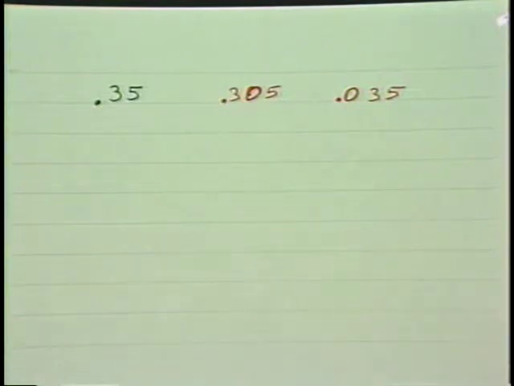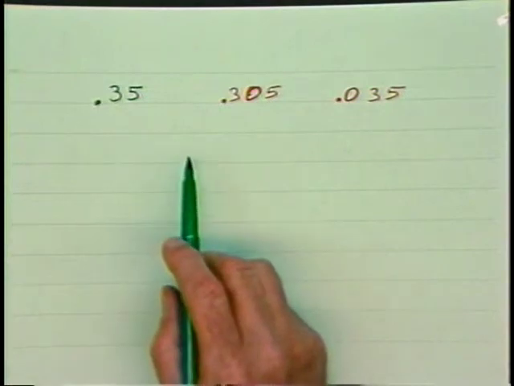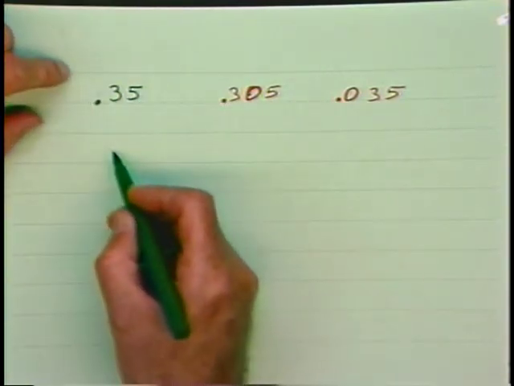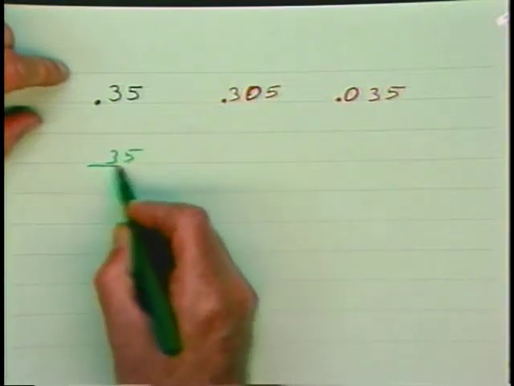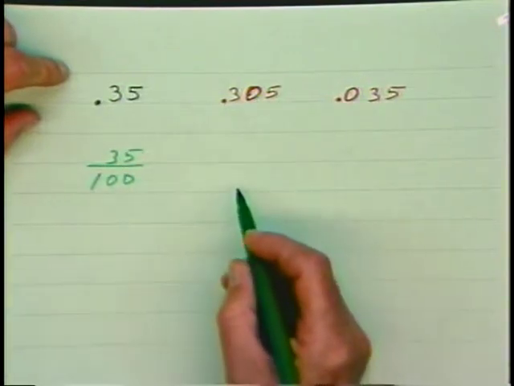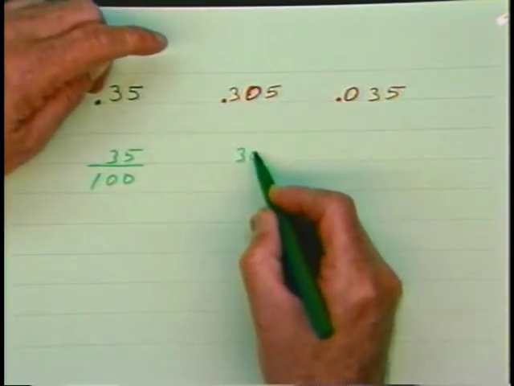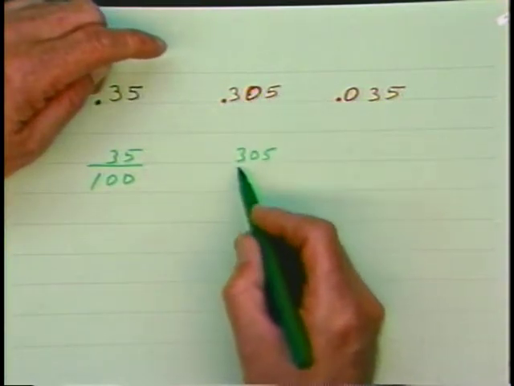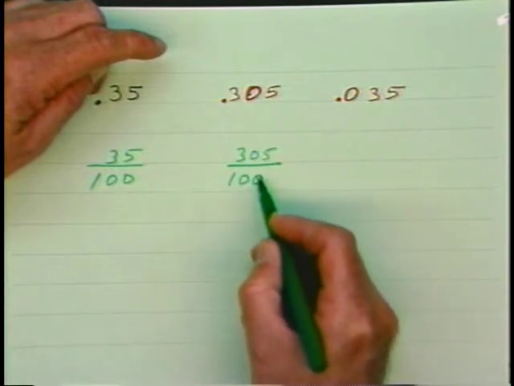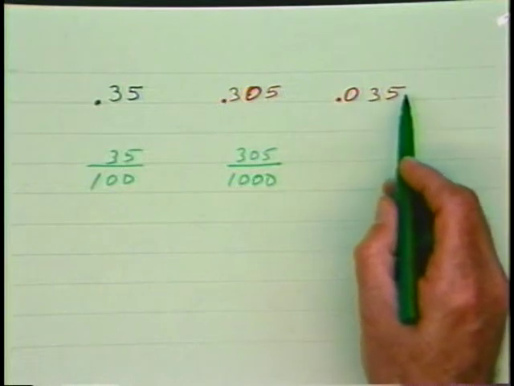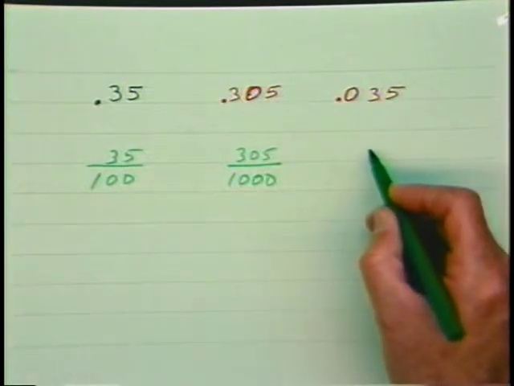Let's check that that in fact is true by using our fraction argument. Again, this is the number 35 hundredths, so writing it in fraction form. This is the number 305 thousandths, so writing it in fraction form. The word name for this is 35 thousandths.